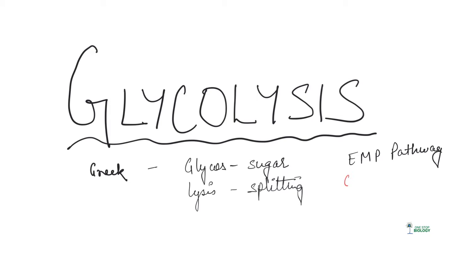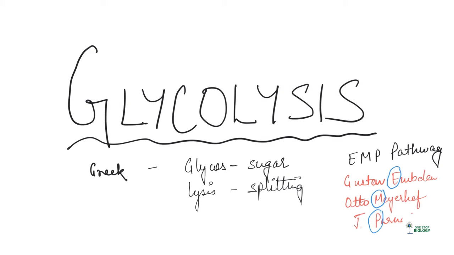The first scientist was Gustav Embden. Second was Otto Meyerhoff. And third was J. Parnas. So basically, EMP comes from their surnames, right? So the EMP pathway is based upon the names of these scientists.